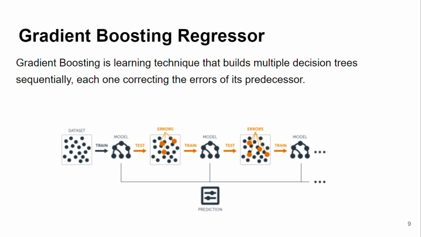When the dataset passed through the first decision tree, it got filtered, and when it went to the second decision tree, it further got filtered. So this is a step-by-step process and involves complex computing, but it is efficient. It is more reliable, and the accuracy score of gradient boosting regressor is higher than the other regressors.